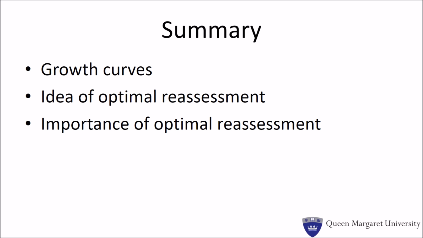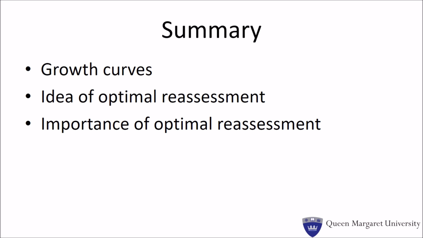So, in summary, we talked about the idea of optimal reassessment and that there is a time for optimally reassessing the patient. And how do we use that? One method is through the use of growth curve.